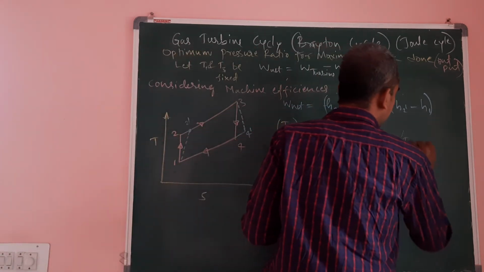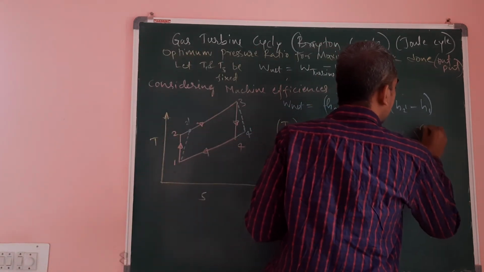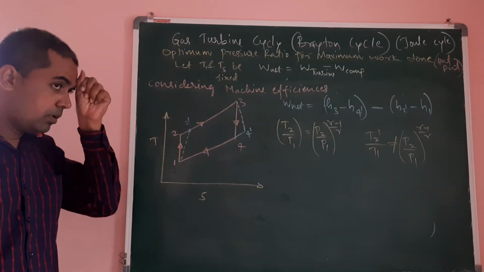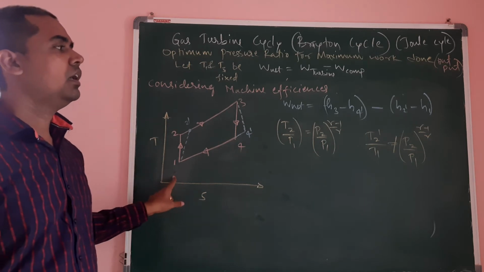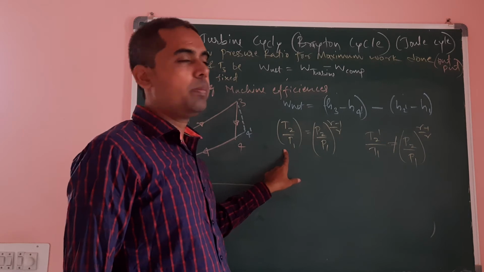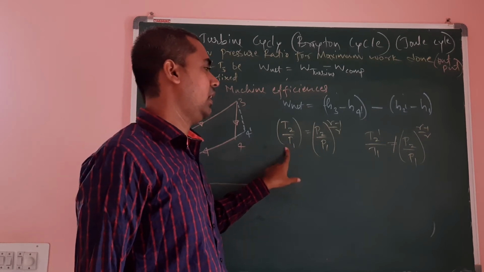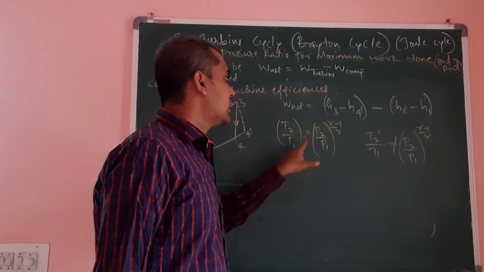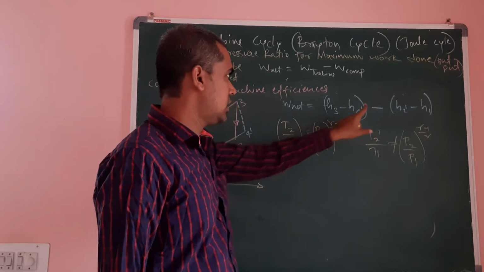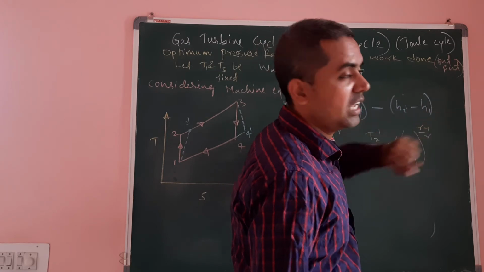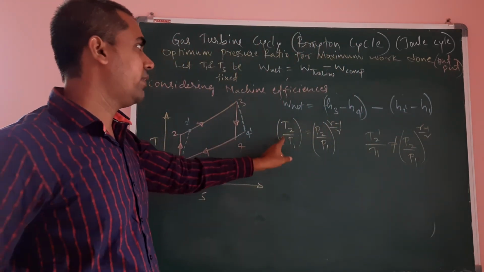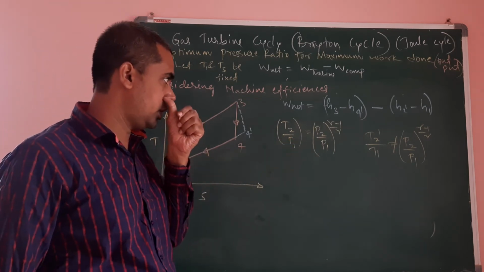Why? Because T2 dash to T1 is not an isentropic process. Only for an adiabatic or isentropic process can I write like this. Therefore, we need to express this equation in terms of H3 minus H4 and H2 minus H1. Then our problem will be easier, so that we can express it in terms of pressure ratio.